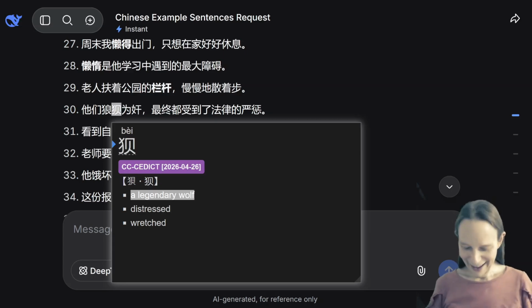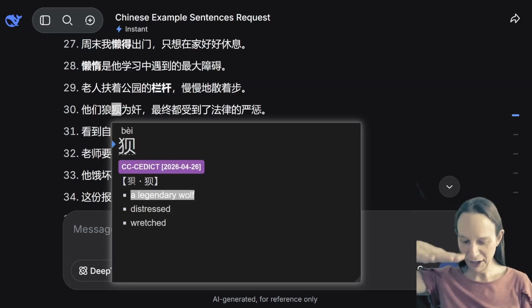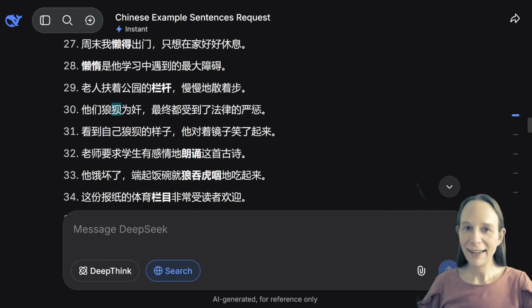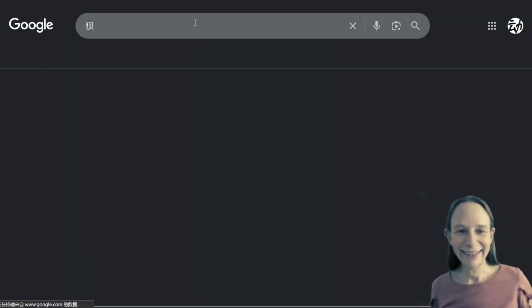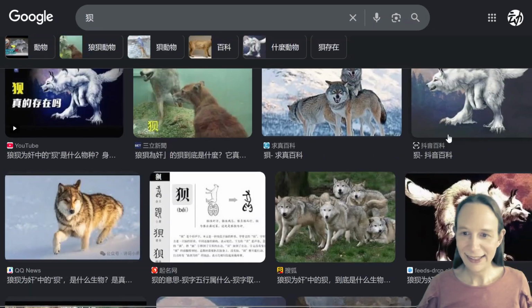Really? So it has very short legs, and therefore, when it wants to move around, it has to lie prone on a wolf's back. Really?